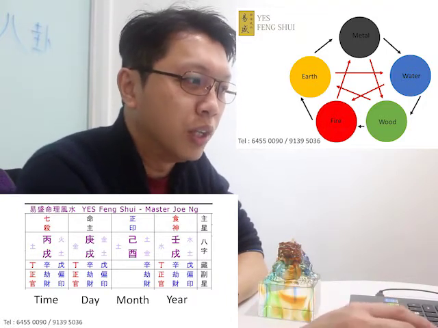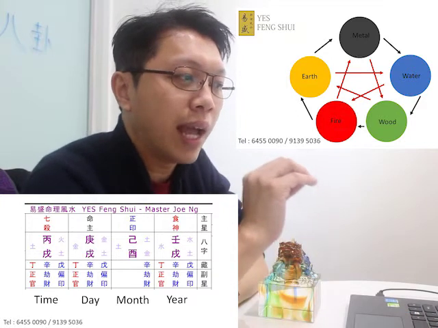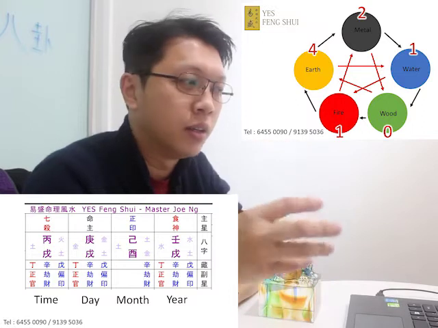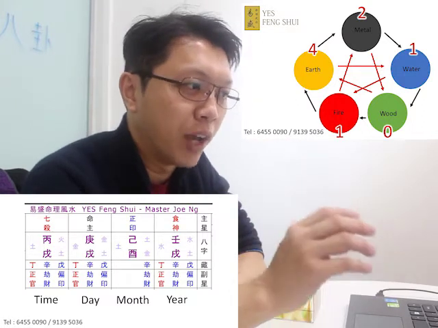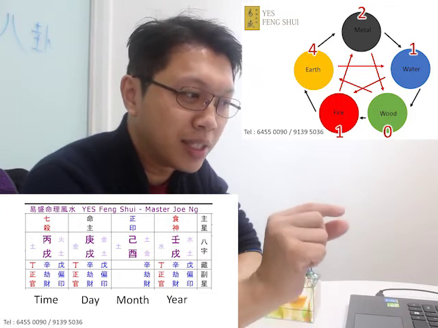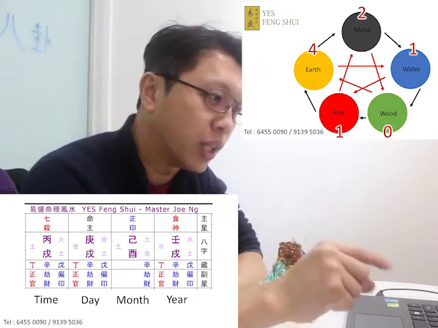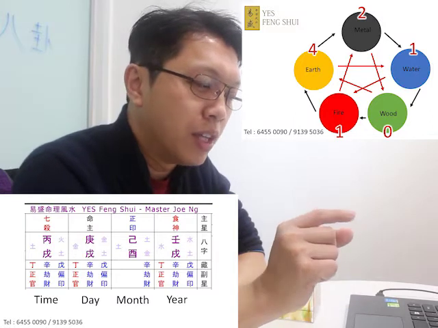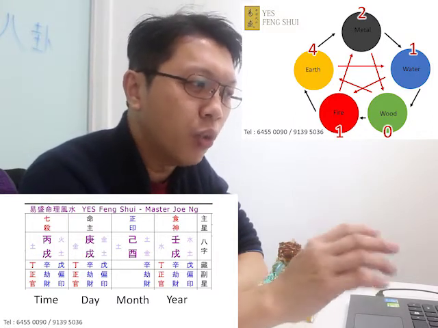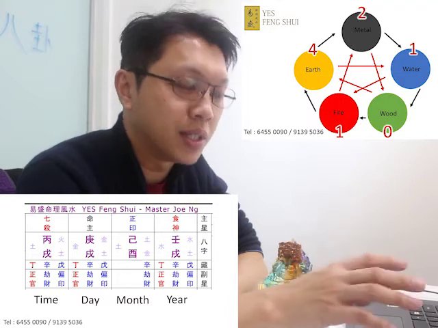Very simple. How? When we put in all the elements from that birth chart, we have metal, we have water, but for the wood element, there's a missing. Next we have the fire element, and we have the earth element. So overall, only the wood element is missing.